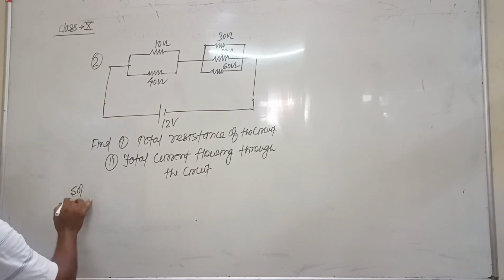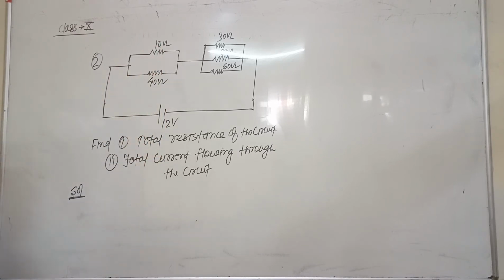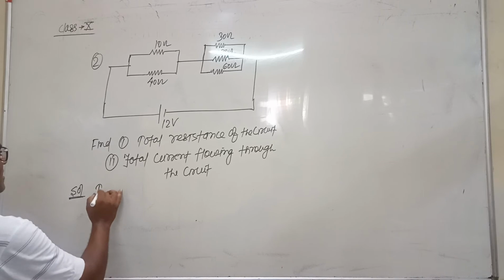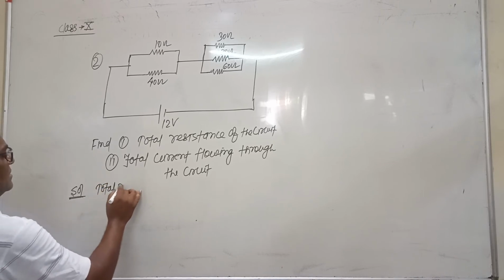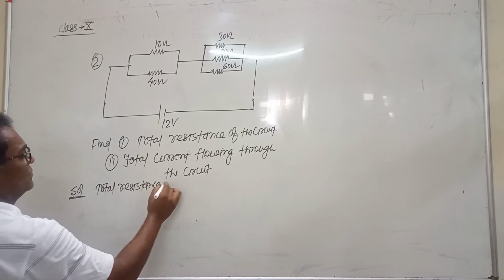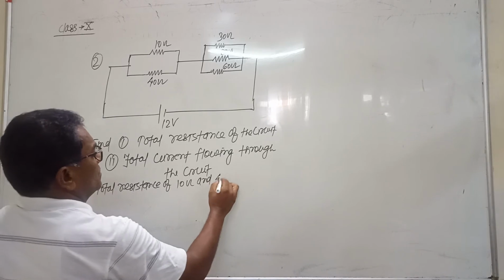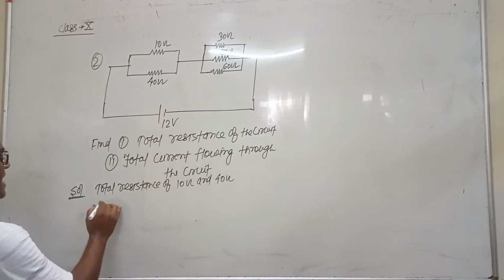So firstly, we will find the total resistance of 10 ohm and 40 ohm. They are connected in parallel.